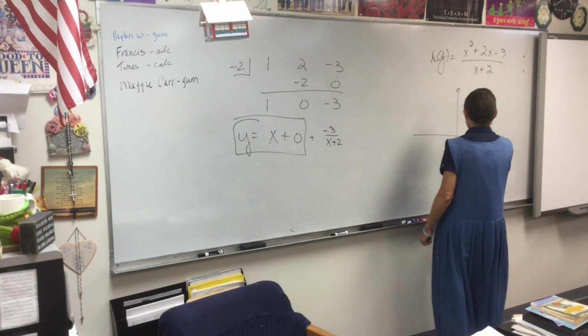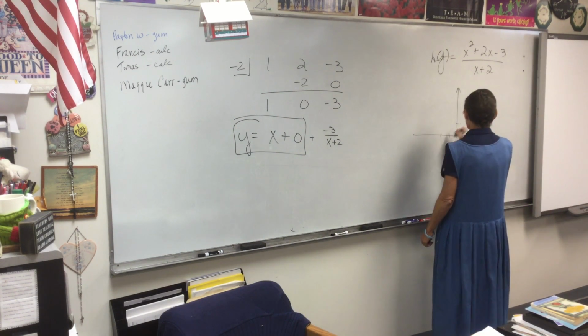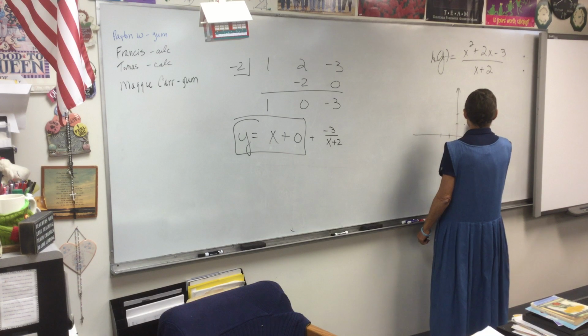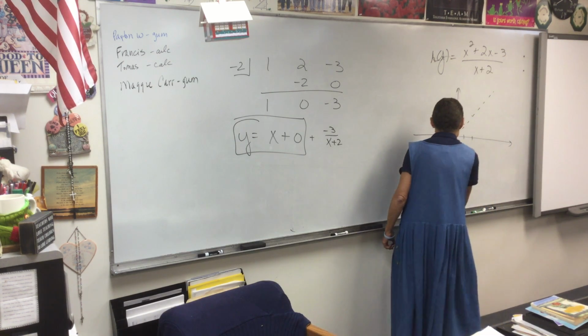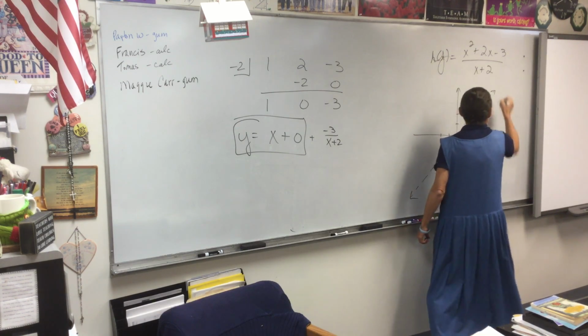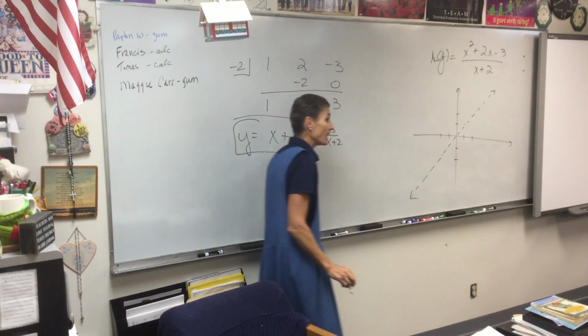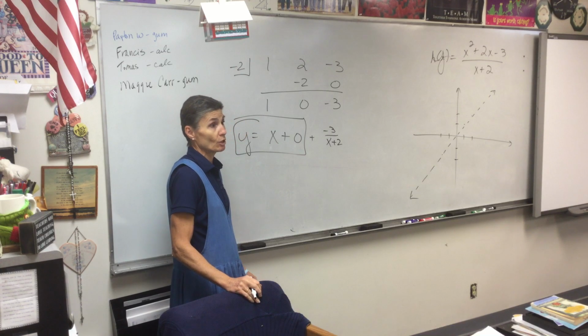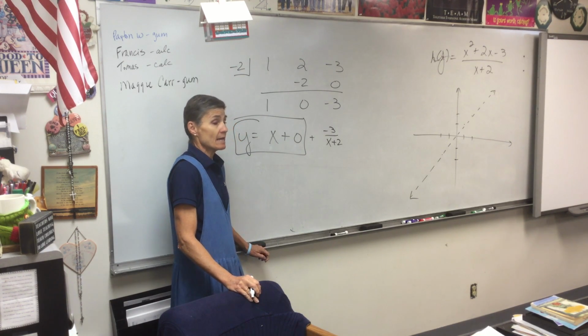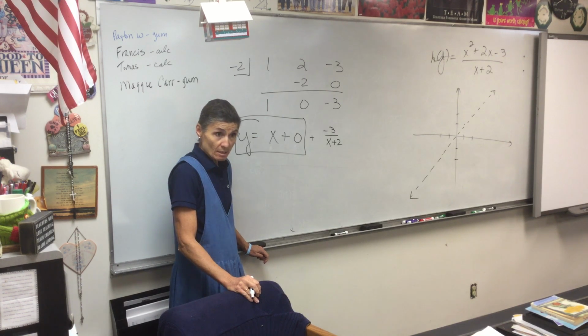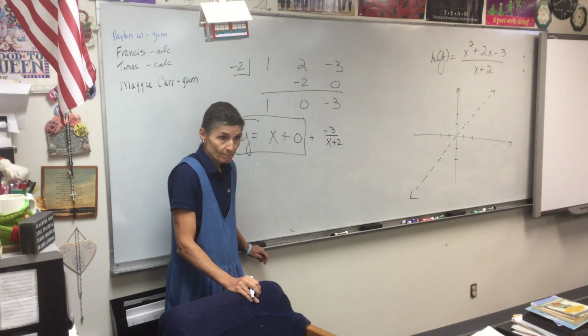So my slant asymptote looks like this. I do not have a horizontal asymptote. I have a slant asymptote, and it is formed by doing the division.